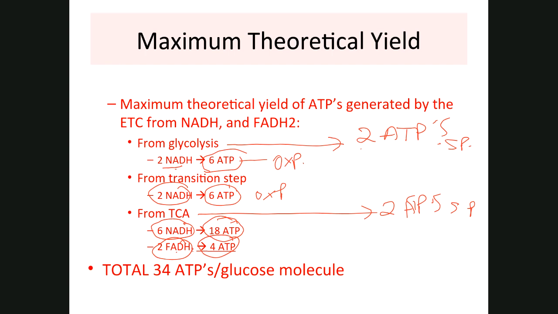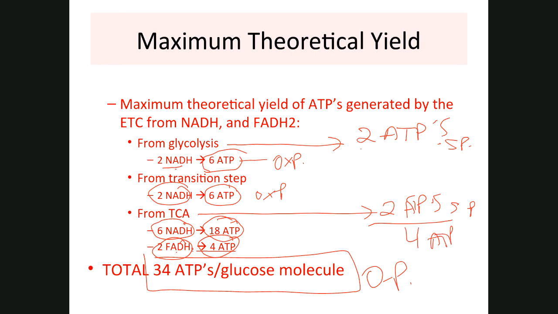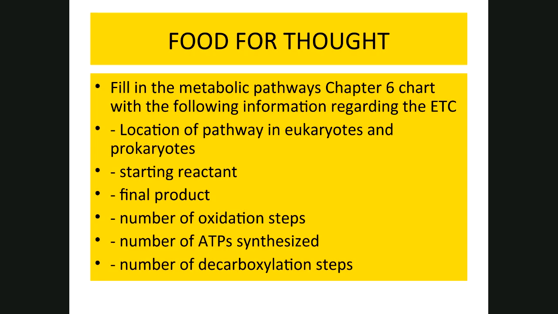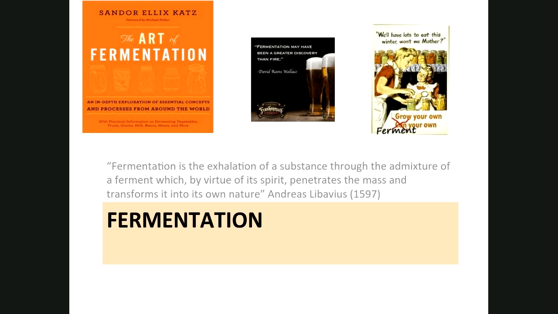So when you add it up, 34 ATPs are made by oxidative phosphorylation, and 4 ATPs are made by substrate level phosphorylation, for a total of 38 ATPs per glucose molecule. You should know where all those numbers come from.